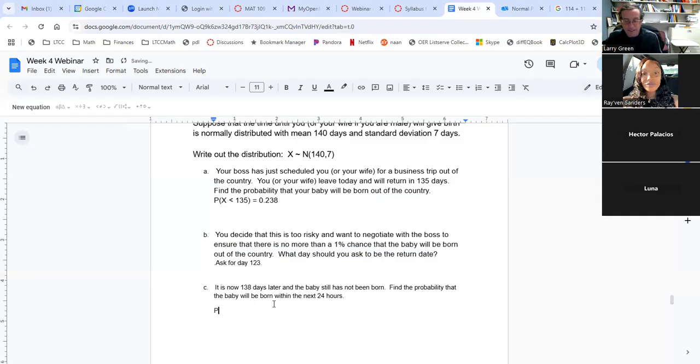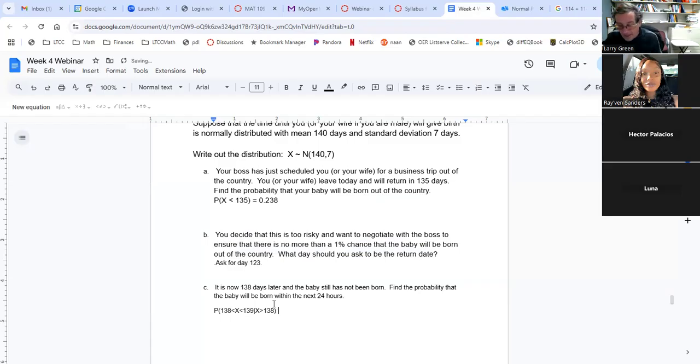So that's the probability that 138 is less than X is less than 139, given that X is greater than 138. Any questions on reading this and turning it into a probability statement? Because again, that's usually the hardest part about probability stuff, understanding what it's asking for. Any questions on that?